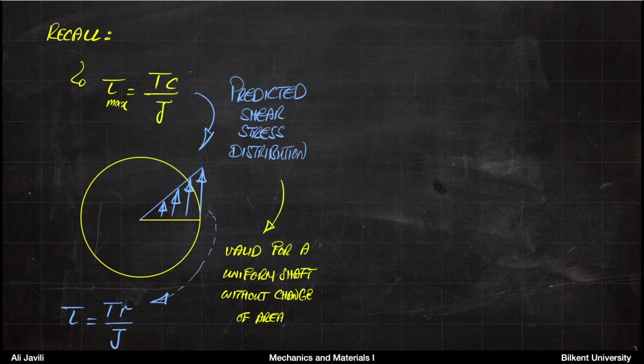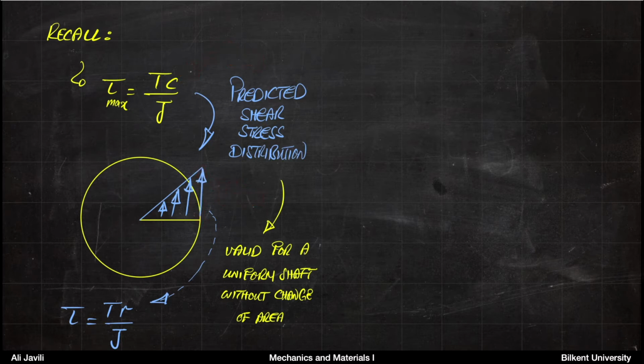Based on the formula, the maximum shear stress would be torque times maximum radius c divided by J, where J is the polar moment of inertia. You get tau max at the outer radius, which is r max, otherwise denoted as c. So that's your tau max.